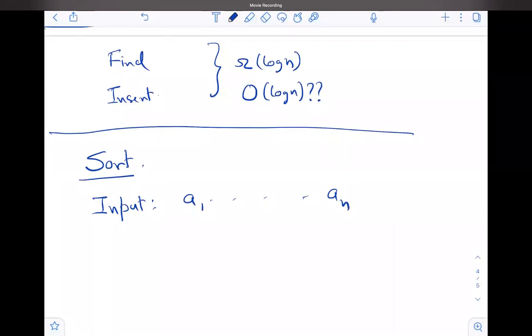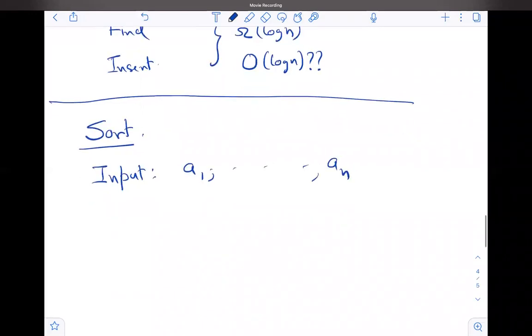I have not told you which is bigger or lower. And as output, I want to output them as ai1, ai2 till ain, in sorted order. This is called a sorting algorithm.